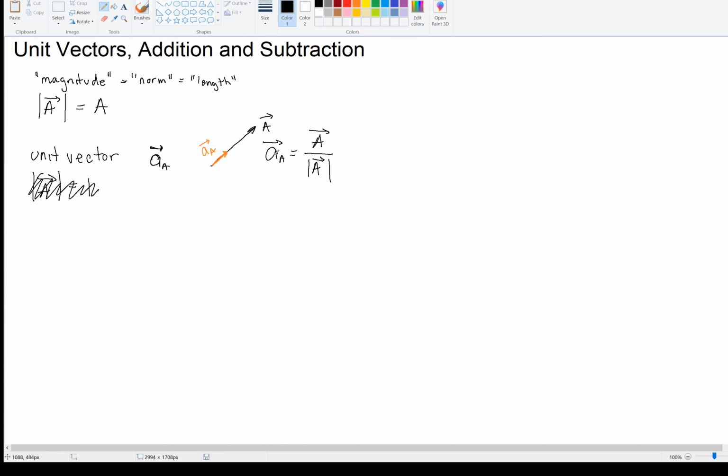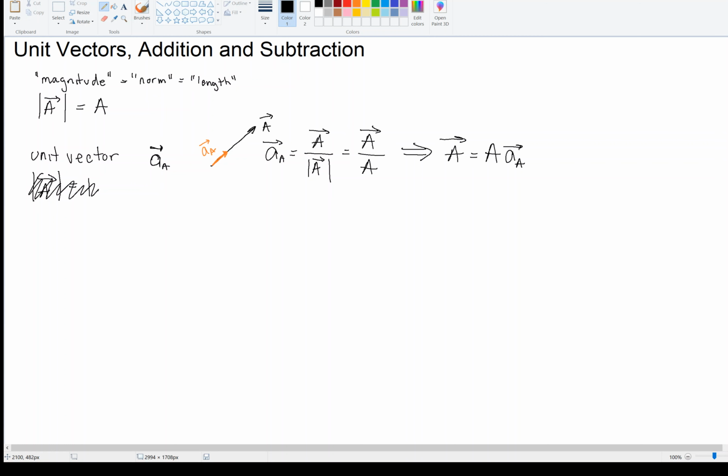So I would have my unit vector that I'm after, and based on what we said about notation, I could also write something like this. Therefore, if I solve this for the vector A, I can write a vector as its magnitude times a unit vector in its direction, in the same direction.